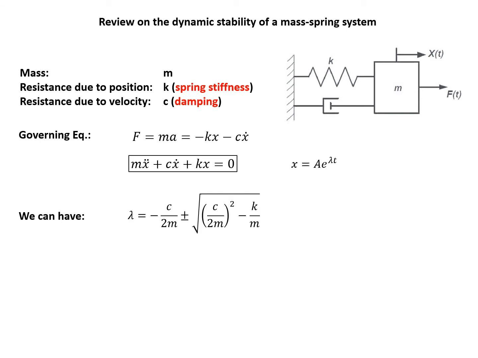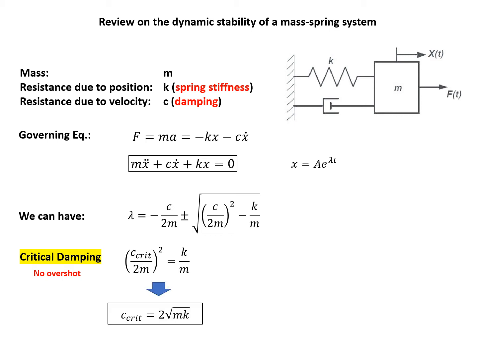Now I need to introduce another definition, which is called critical damping. Critical damping is the damping C that makes the square root term equal 0. Physically, critical damping means there's no overshoot in the amplitude during the damping procedure. And so we can get C critical, that's critical damping, equals 2 square root of mk.